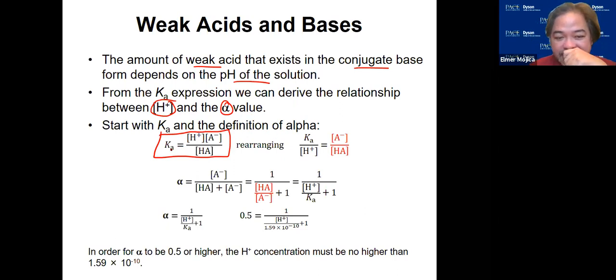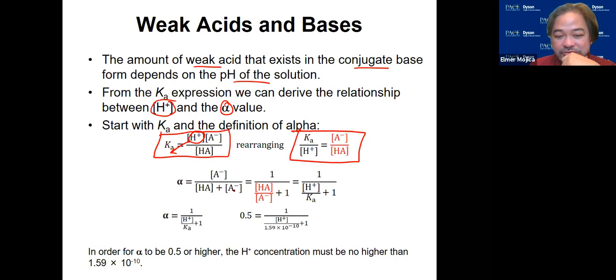If we rearrange this, you end up with this, right? In the alpha definition, we have the conjugate base over the concentration of your reactant plus the conjugate base.